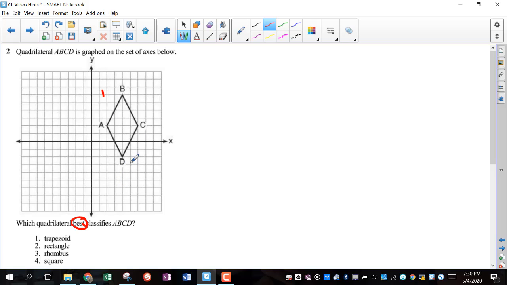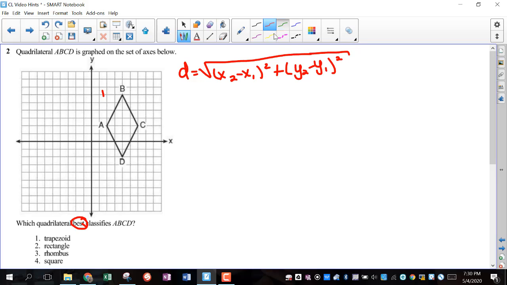What you want to do with this sort of question is both distance and slope. So as a reminder, distance is the square root of x2 minus x1 squared plus y2 minus y1 squared. And slope is the change in y over the change in x, or rise over run, okay?